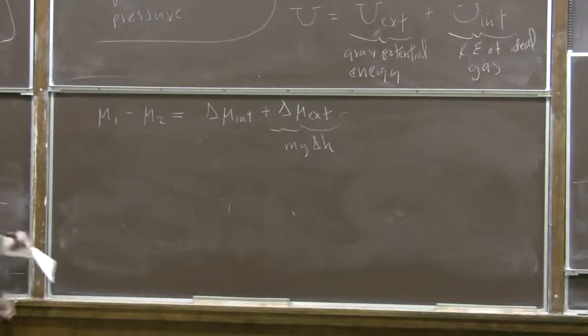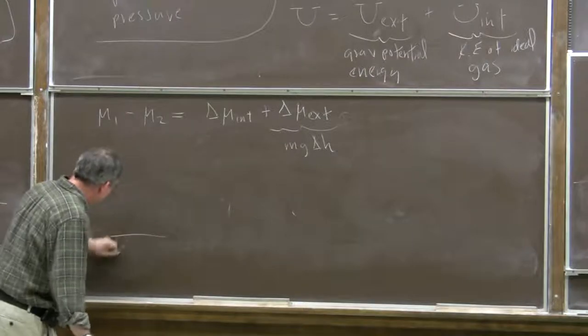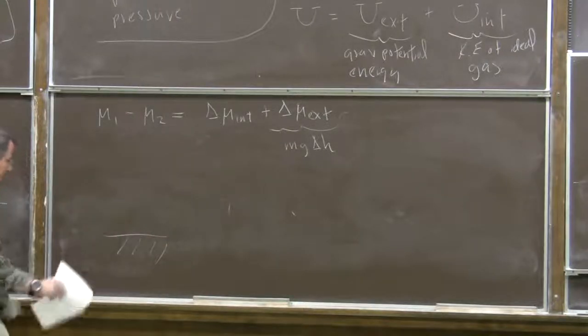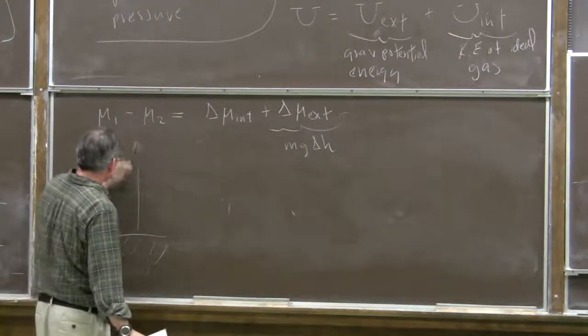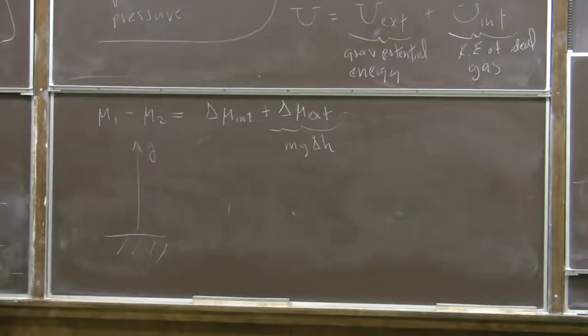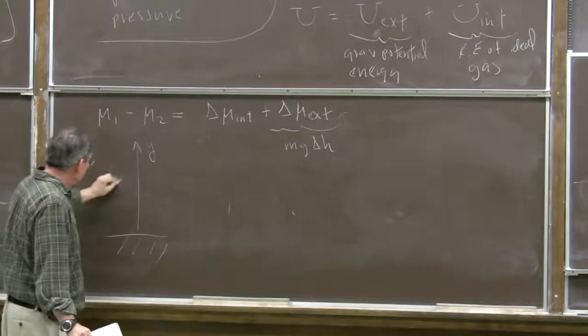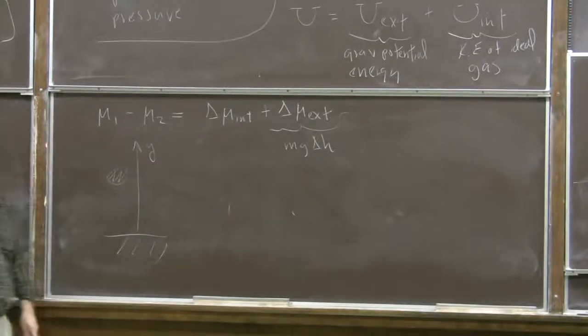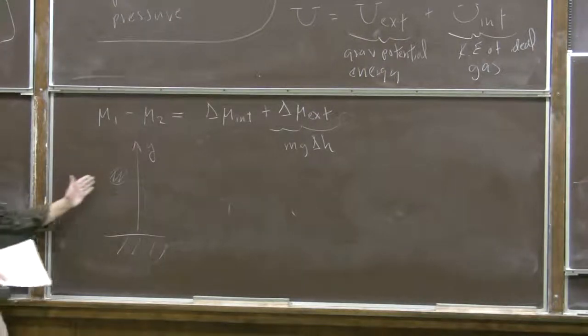Well, I said I was going to consider a model of the atmosphere, so let me see if I have time to do that. So here's the ground. Here's the height. Okay? And the chemical potential at some height is going to be a combination of the internal and external chemical potential.